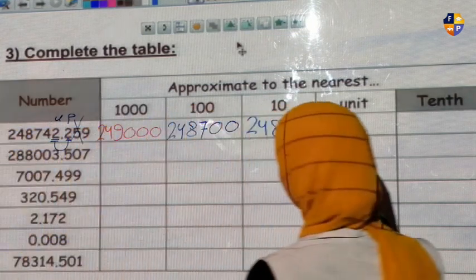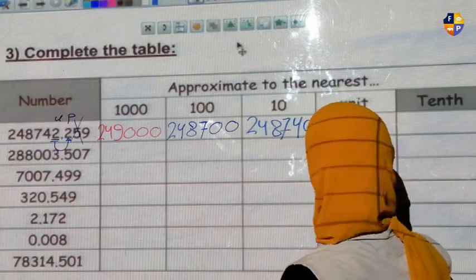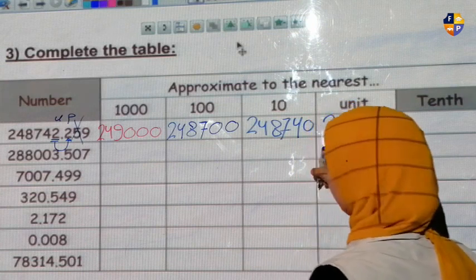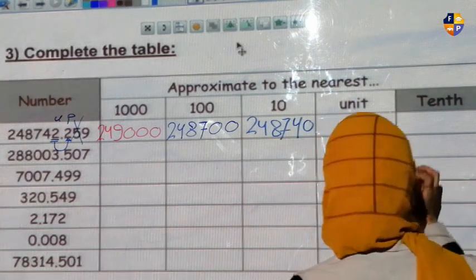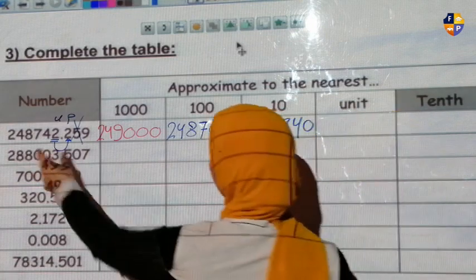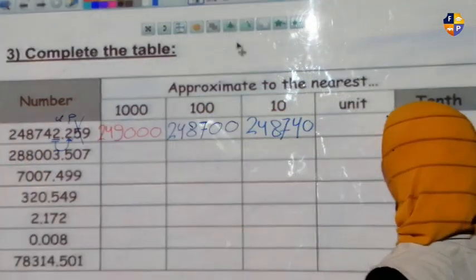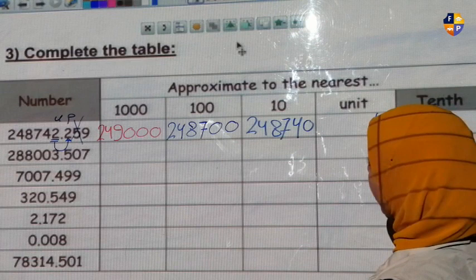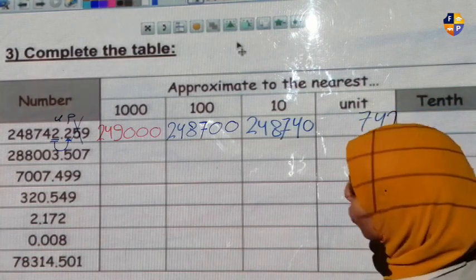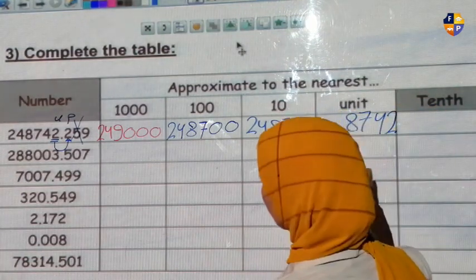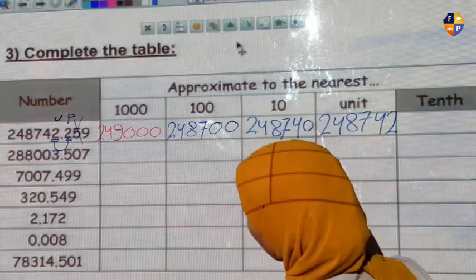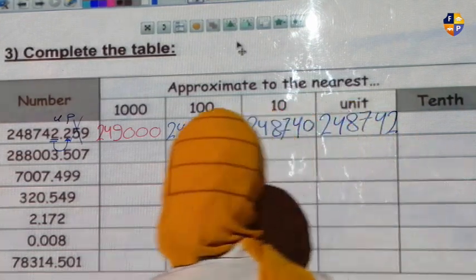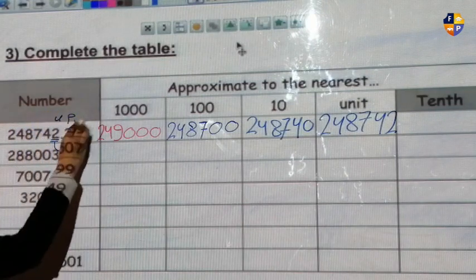So, I will write 2 in units, 4 in tens, 7 in hundreds, 8 in thousand, 4 in 10,000, then 2 in 100,000. And now I will approximate the number to the nearest tenth.